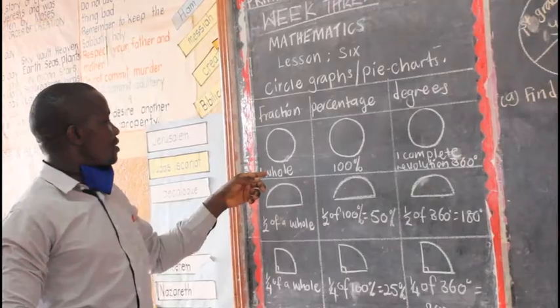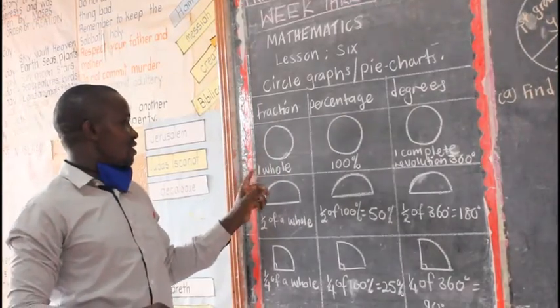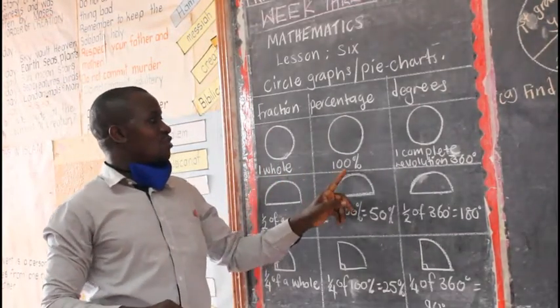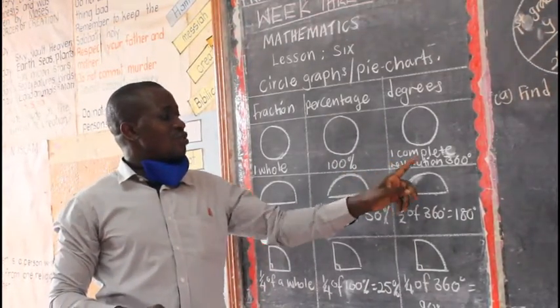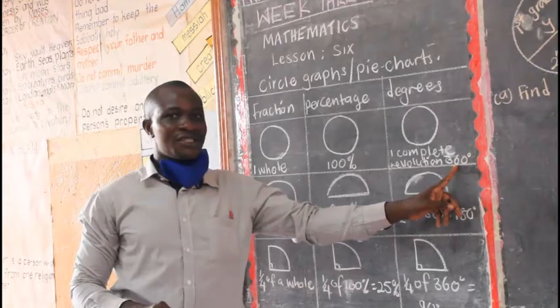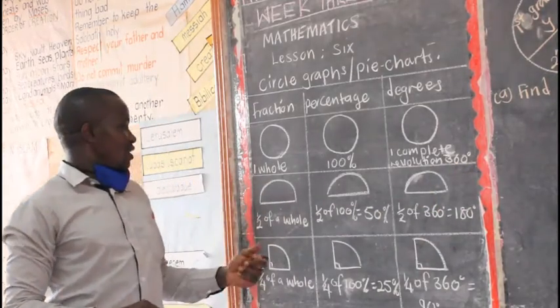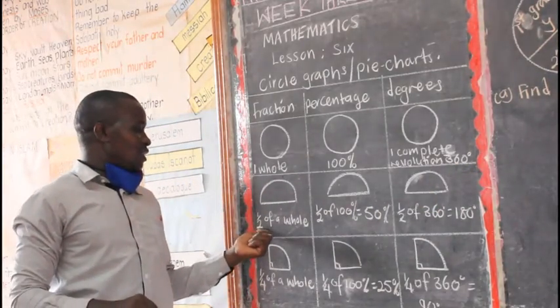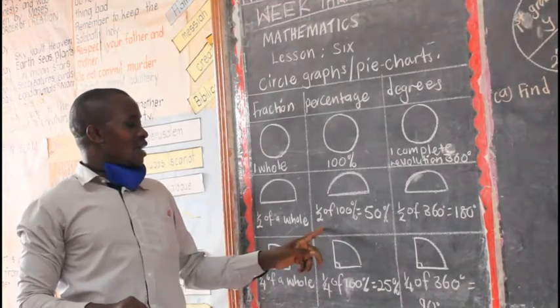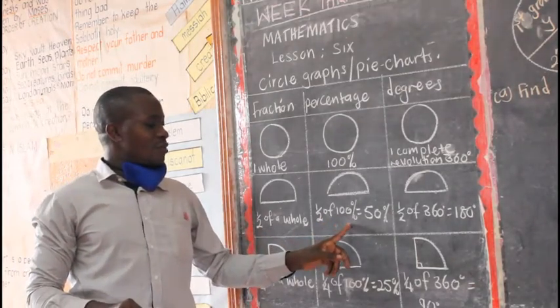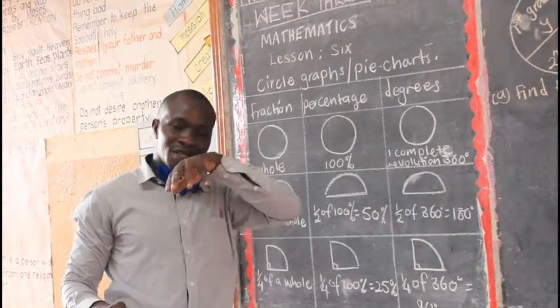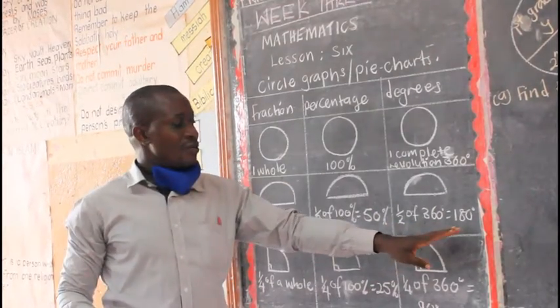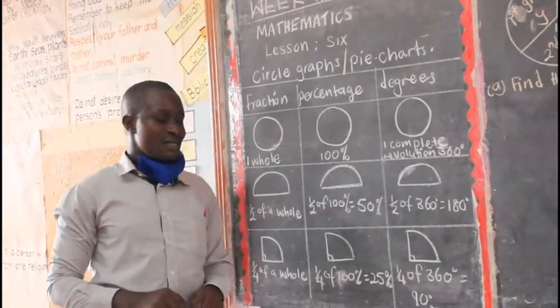So this one is a circle, a whole. In terms of percentage it is 100%, and in terms of degrees it is one complete revolution, which is 360 degrees. Then we have a half of a whole: a half of 100% is 50%, and a half of 360 degrees is 180 degrees.